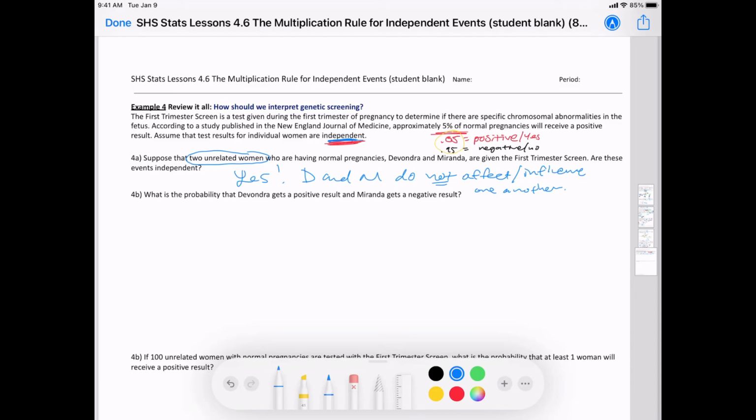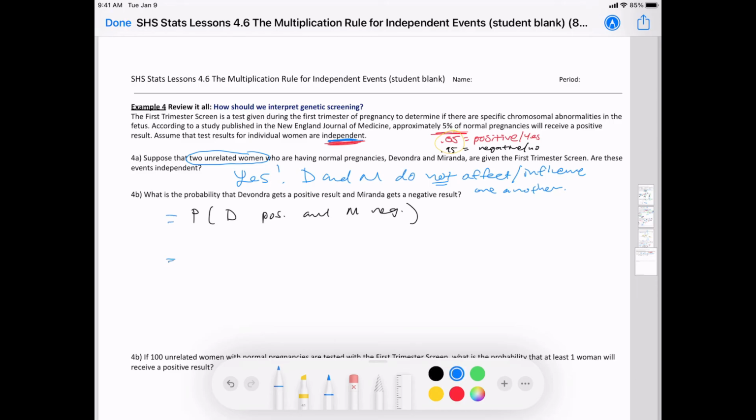Okay. What is the probability that Devondra gets a positive result and Miranda gets a negative result? So let's just turn that into words. Probability that Devondra is positive and Miranda gets a negative.